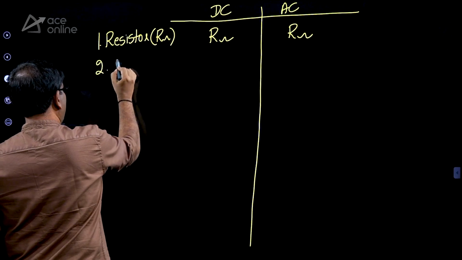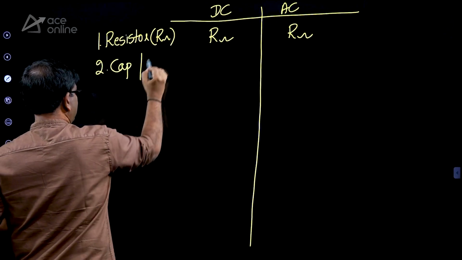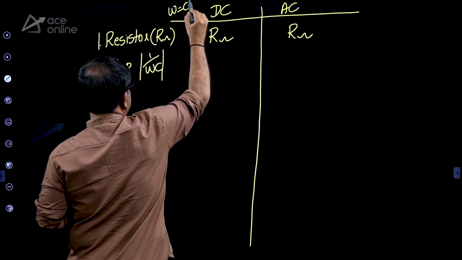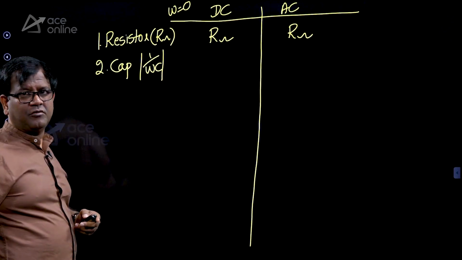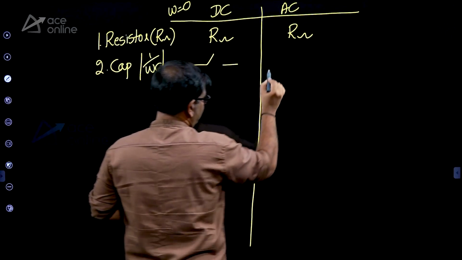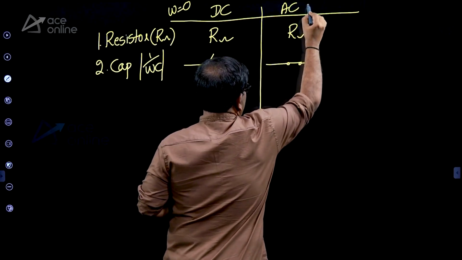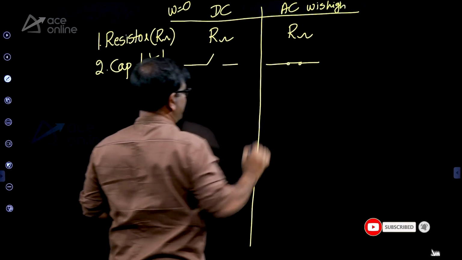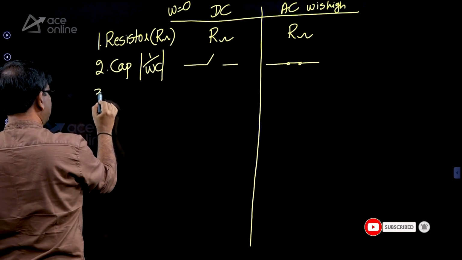What is a model of a capacitor? Capacitor is replaced by 1 by omega C. For DC, omega is 0, 1 by 0. 1 by 0 is infinite. You can replace capacitor by open, and for omega, if you consider high, you can replace by short. Inductor.